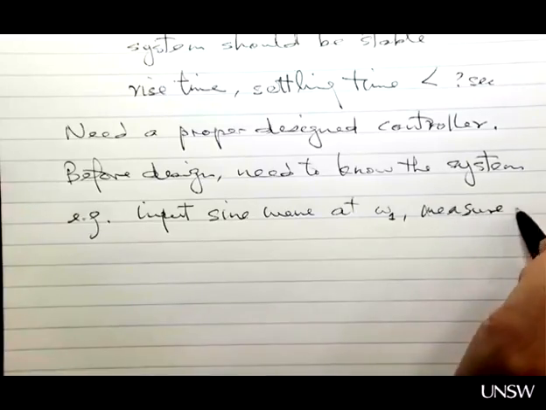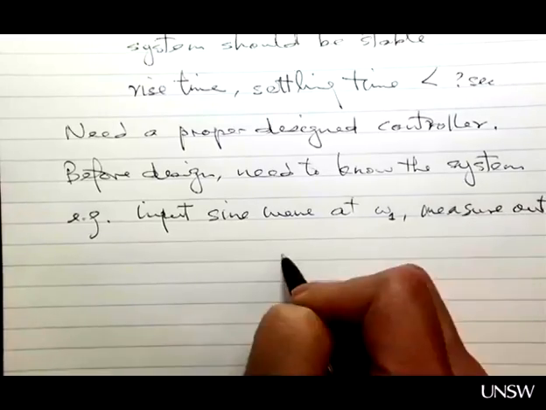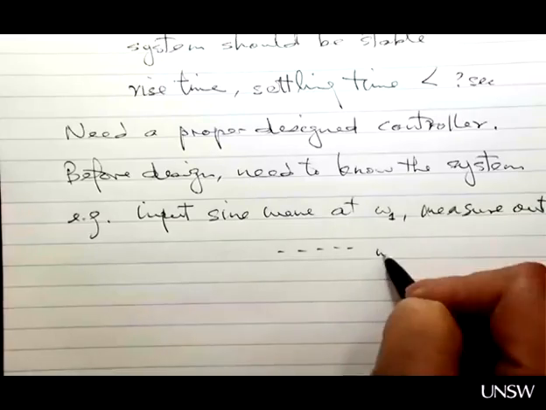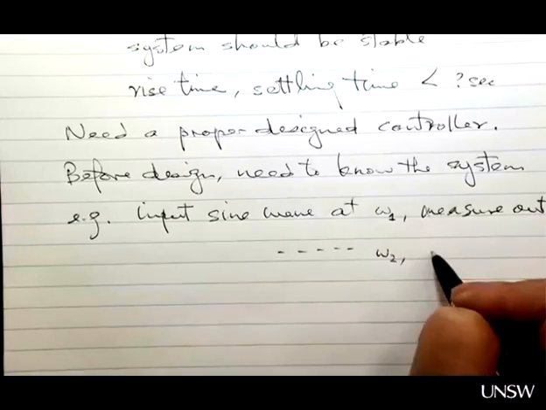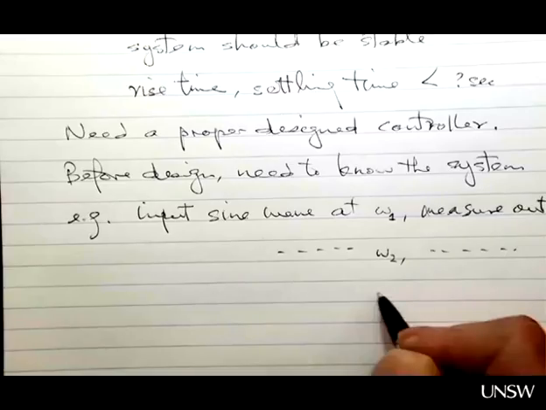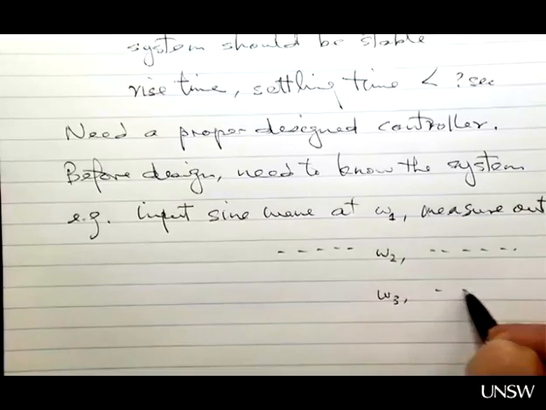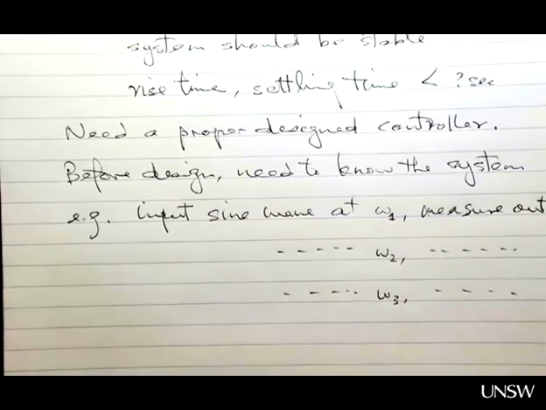And then we input frequency omega 2, and we also measure the output, etc. So by measuring all the different frequency values, we know how the system is behaving.